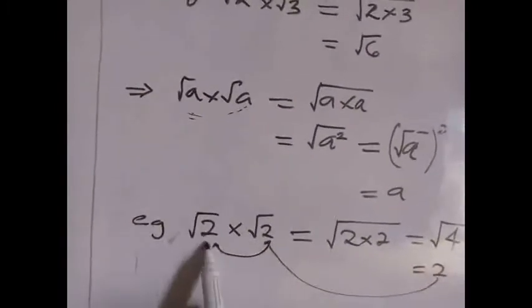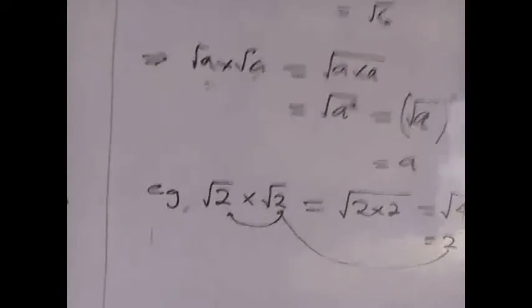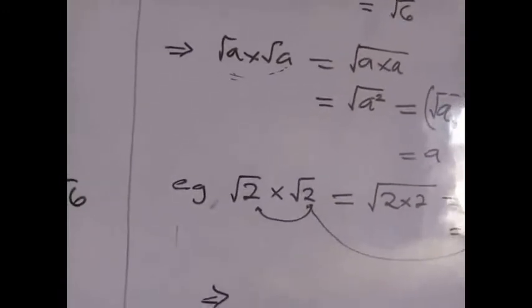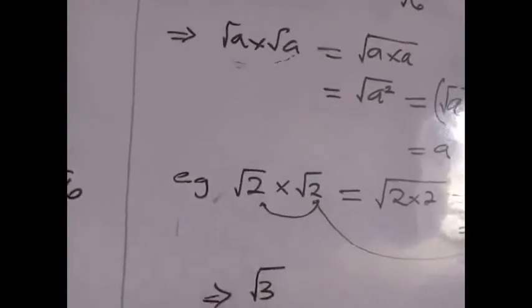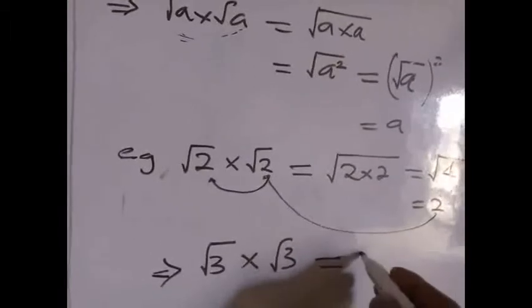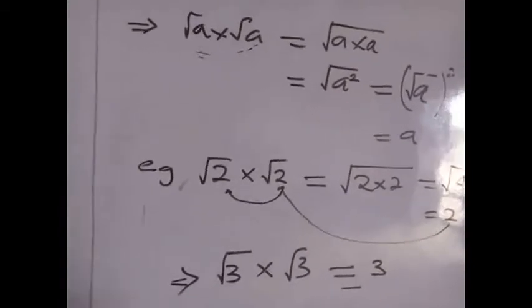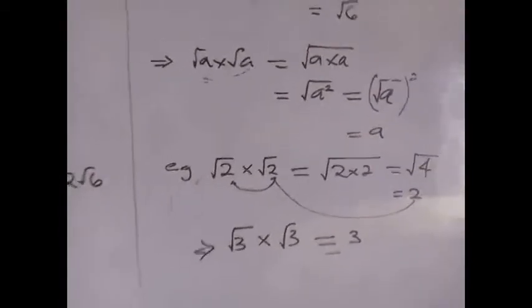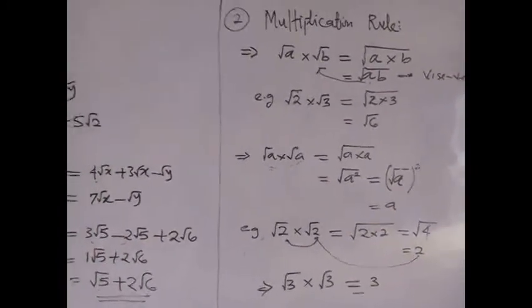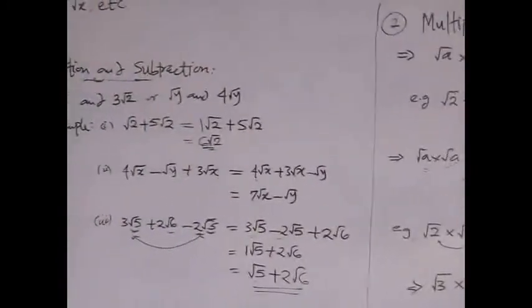So when you are having the same number, it's going to give us that number. When we are solving problems, we don't need to simplify further. You can see when we have similar roots of a number multiplying each other, it will give us the number. So this is the first and second rule under simplification of surd.